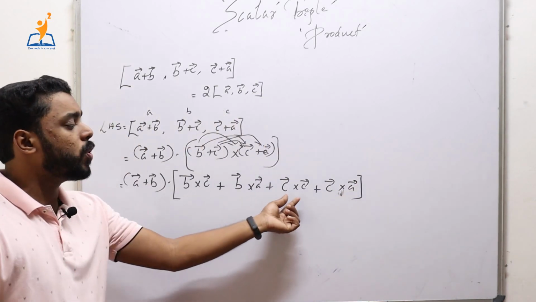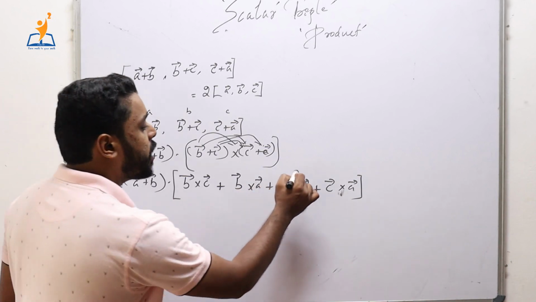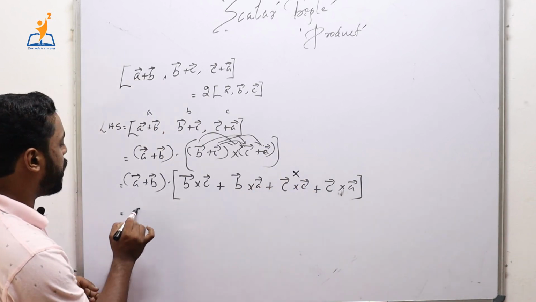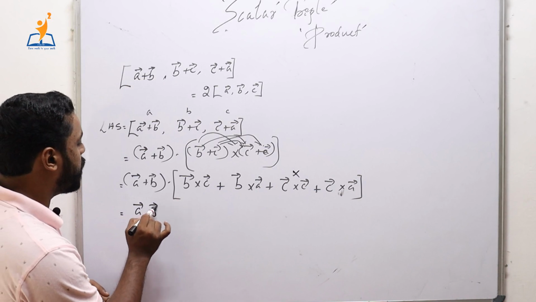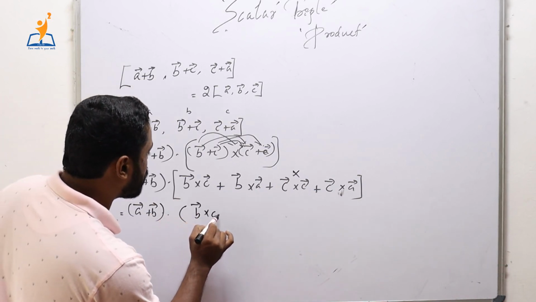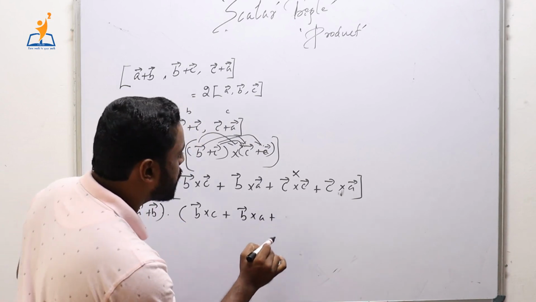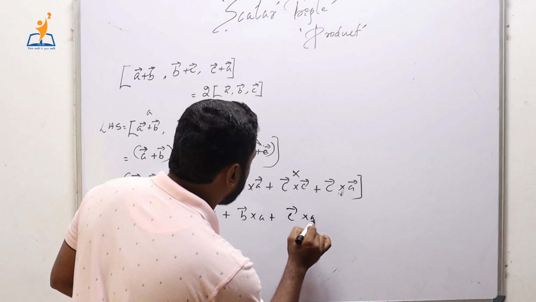Now we know that C cross C is equal to 0, since the angle between them is 0 and sin 0 is equal to 0, so we can just eliminate this. So it will be equal to vector A plus B dot B cross C plus B cross A plus C cross A, right?